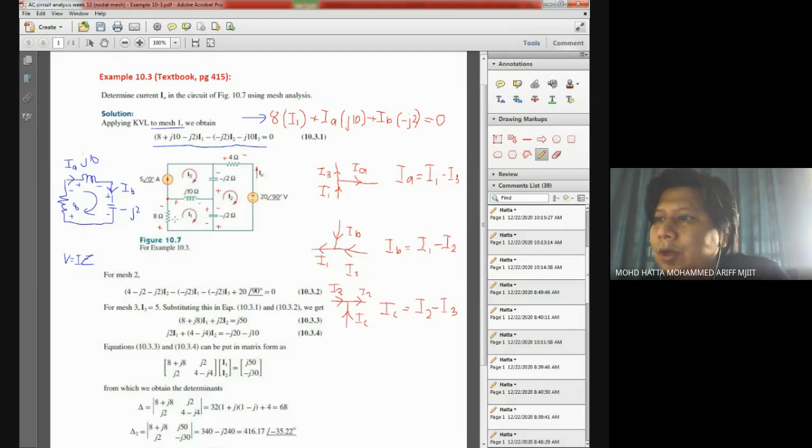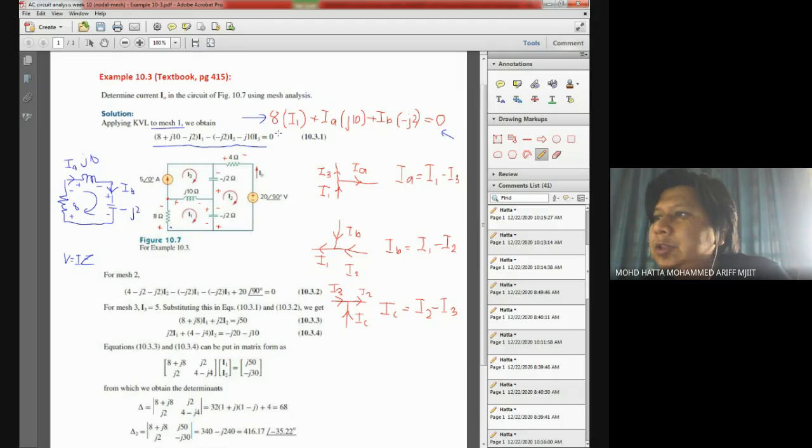If you go around the loop for mesh number one, starting over here, I would have positive 8 times I1, plus IA times J10, plus IB times negative J2, and closing the loop equals 0.